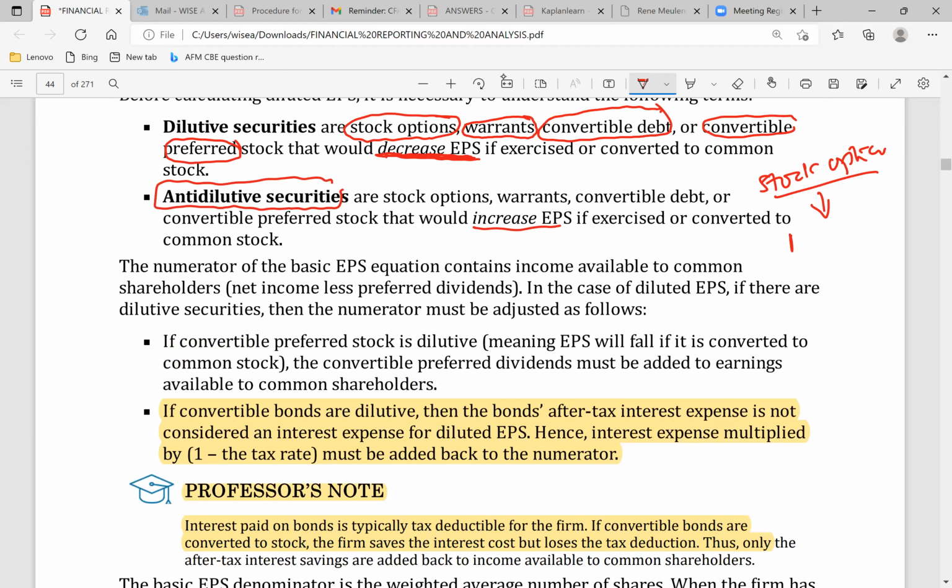Warrants will affect the denominator too. For the denominator, all of them will affect it. But the numerator will be affected only by the convertible loan note and preferred stock.